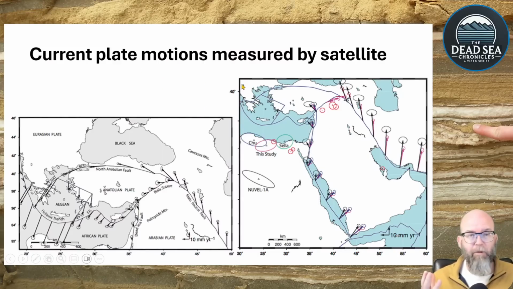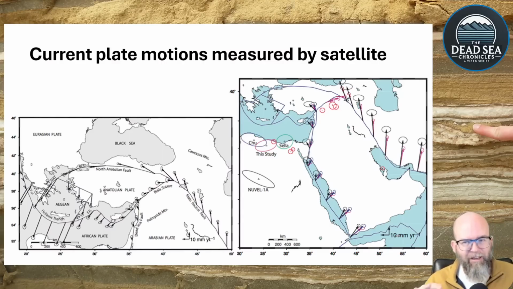Now, when I say current plate motion, these are actual measurements, because we have satellites constantly looking at all the plates, and there are particular places where you basically ping back and forth, and you constantly see exactly where that position of the Earth is at one moment in time. And next year, it'll be in a different spot, right? Because all the plates are in some motion.